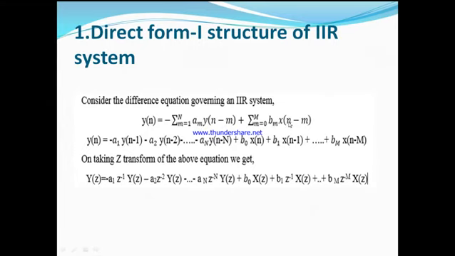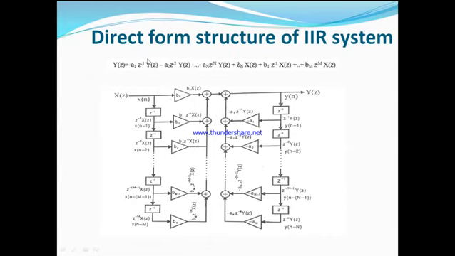The output is given to the delay, so you will get z power minus 1 into Y of z. Next, this term is multiplied with minus a1, so you will get minus a1 into z power minus 1 into Y of z. So this term is over.